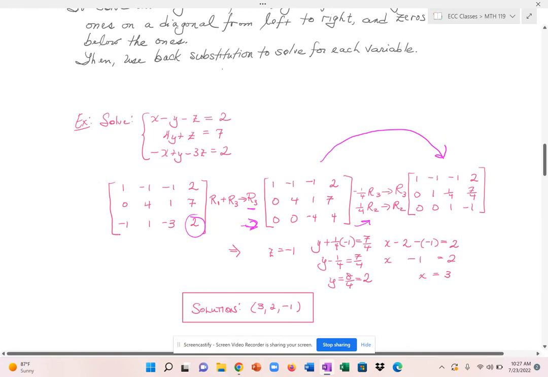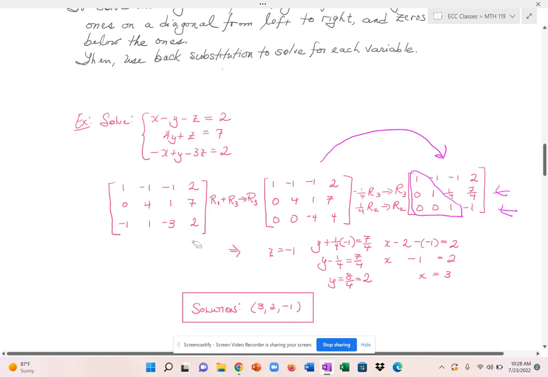Row 2 multiplied by a fourth will give me 0, 1, 1/4, and 7/4. And row 3 multiplied by negative a fourth will give me 0, 0, 1, negative 1. So I have all ones on a diagonal and zeros underneath it. That's exactly what we wanted to accomplish when you're using Gaussian elimination to solve a system of linear equations.